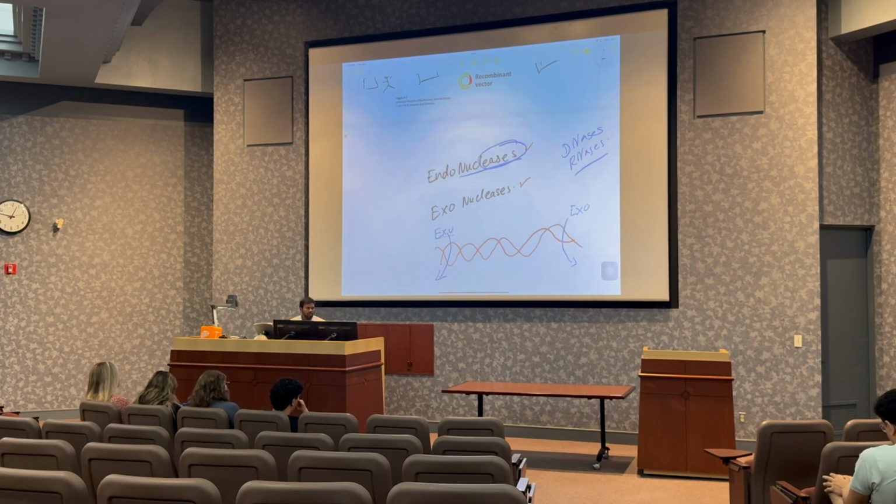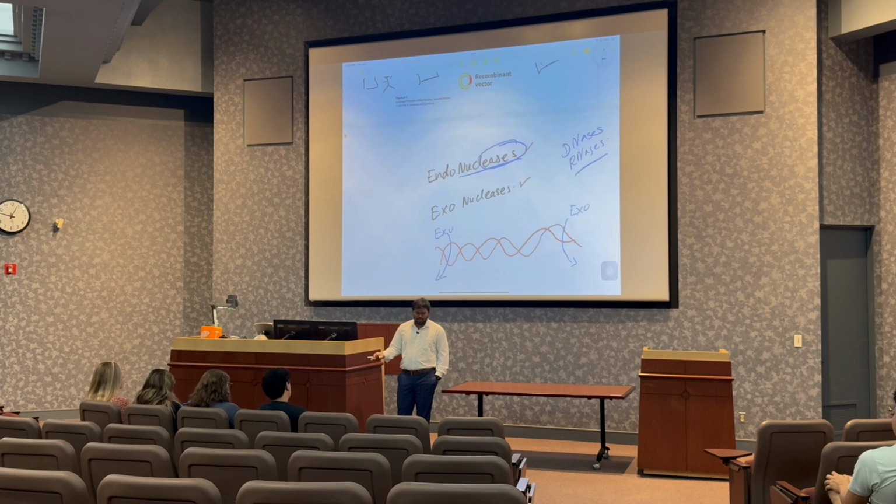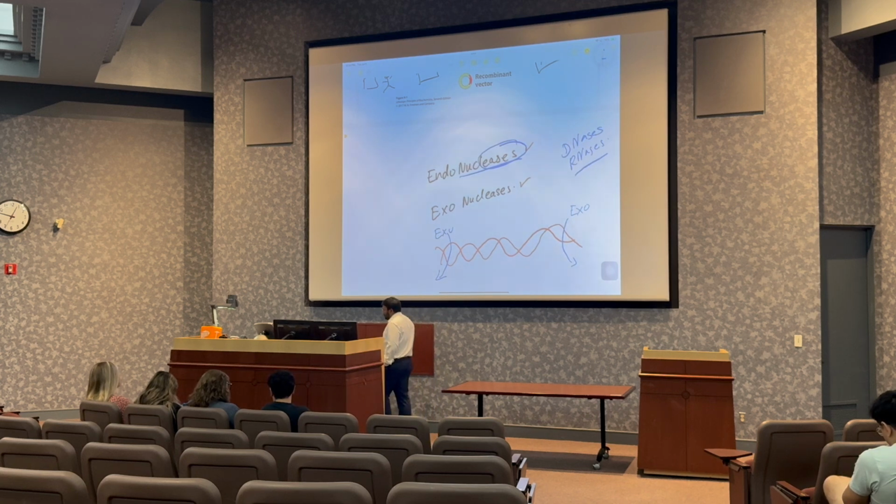So if I say nucleases, it means nucleic acid digesting enzymes, okay. If I say proteases, it means protein digesting enzymes. If I say lipases, it means lipid digesting enzymes, okay. So based on how you name them, you can already know the function. Nucleases means nucleic acid digesting enzymes, okay.